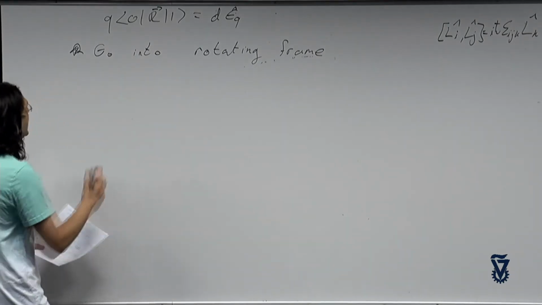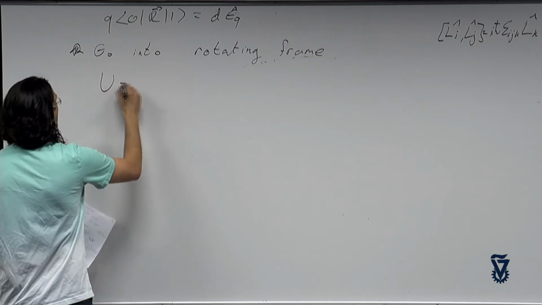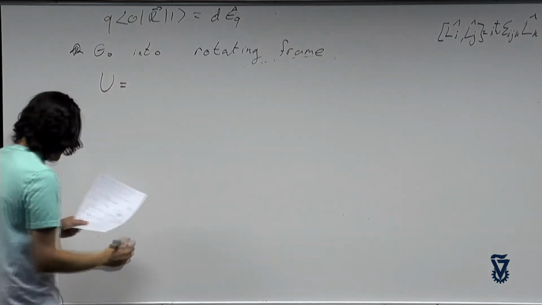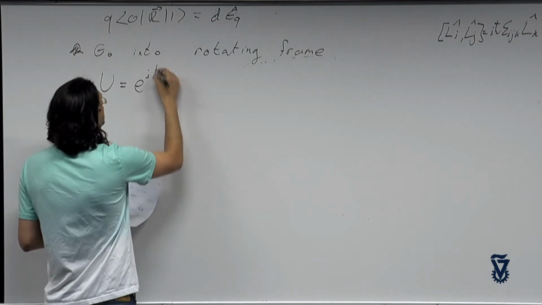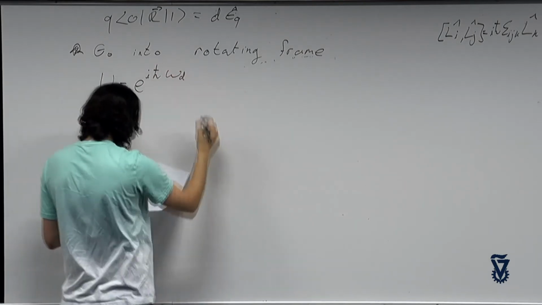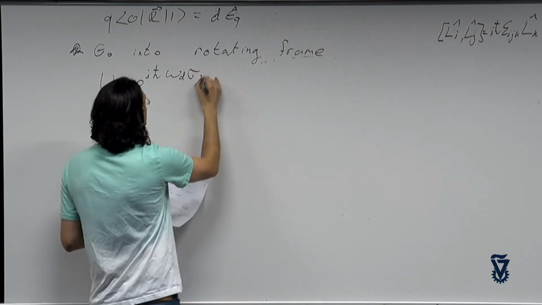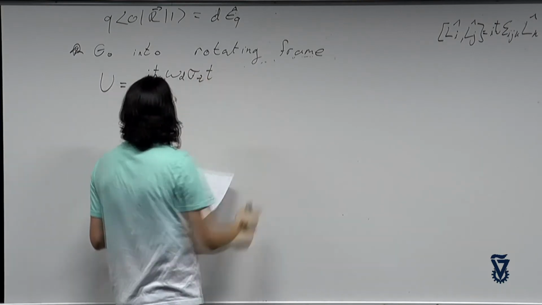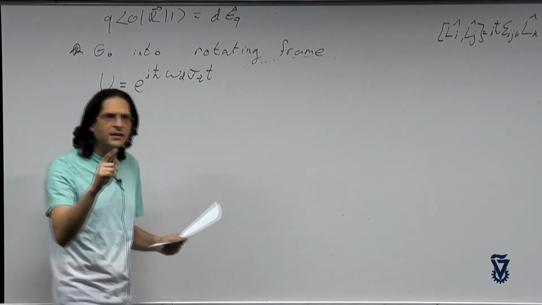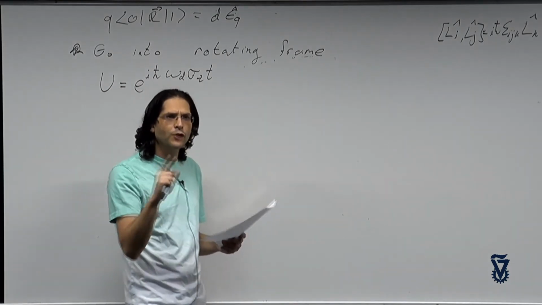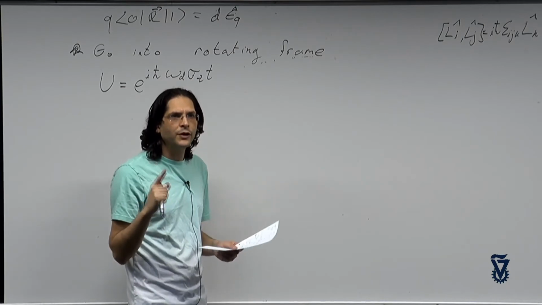And to go into the rotating frame, we're going to apply the following transformation: e to the I h bar omega drive sigma z t. Okay, so this is the transformation that's going to take us into the frame that is rotating at the drive frequency.